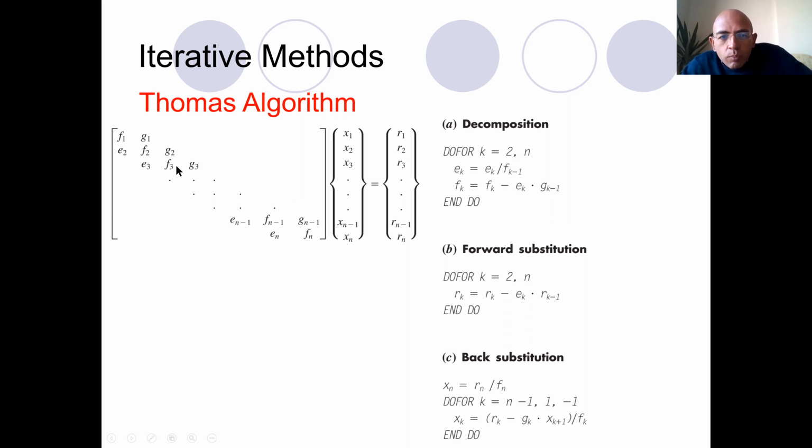The diagonal terms are represented by F, the terms above the diagonal are called G, and the terms below the diagonal are represented by the letter E. As you see, in order to define the coefficient matrix, I only need to define 3 arrays because the rest of the terms are 0.